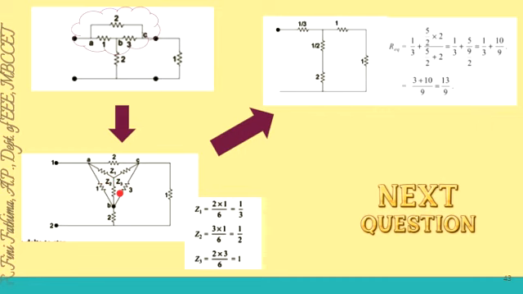Z3 is 2 into 3 is 6, divided by 6 is 1. Now we are going to replace this delta connection with this star connection of values Z1, Z2 and Z3.